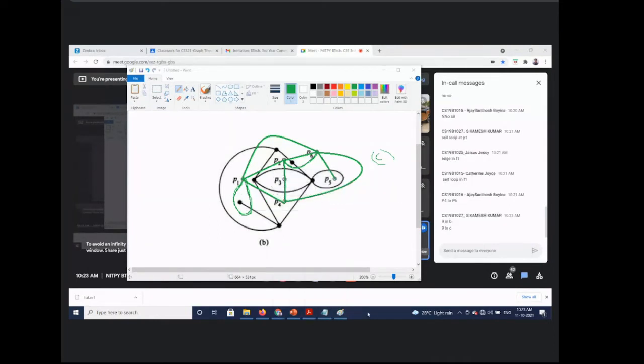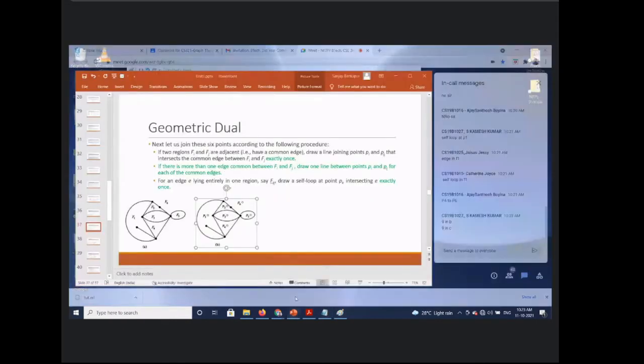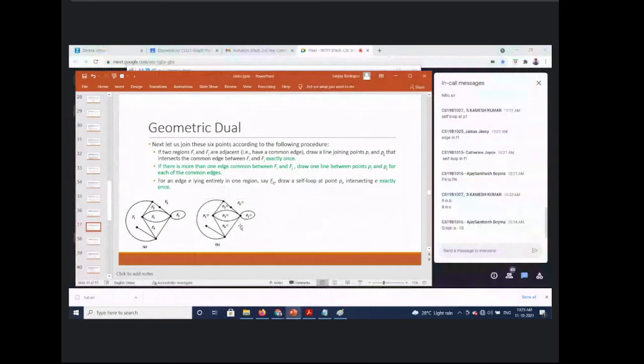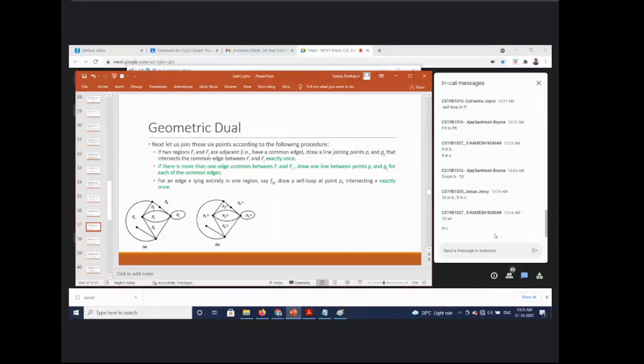Nine in B, 9 in C. Okay. Let me go quickly to this window. Yes, one was missed out. Now Kamesh is correcting. Okay. 10 in C. Okay. 9 in C.